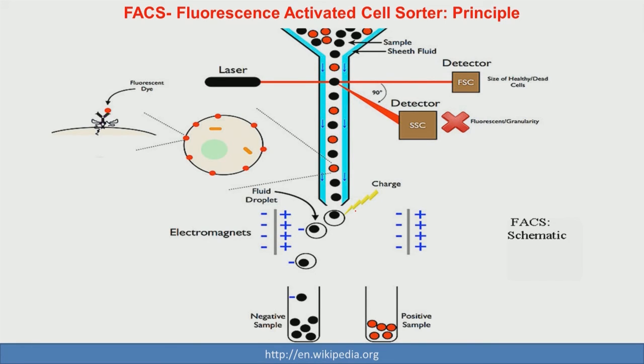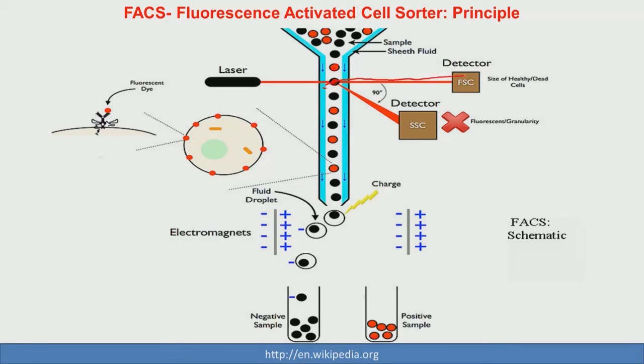You have fluorescent stained cells which are made to flow through a column here, and once they go through this column, a laser will be focusing on these individual cells. These red stained cells and black stained cells show that they either have different sizes or different cellular fate processes.